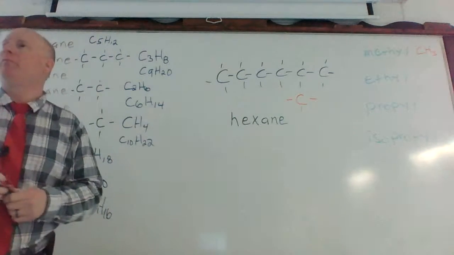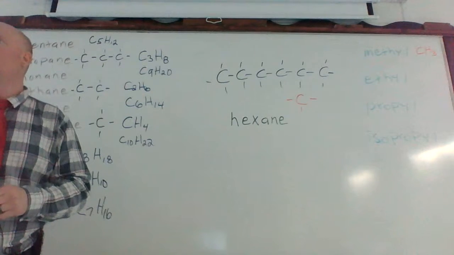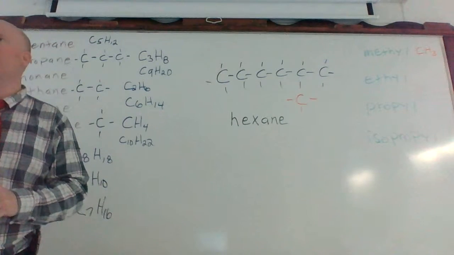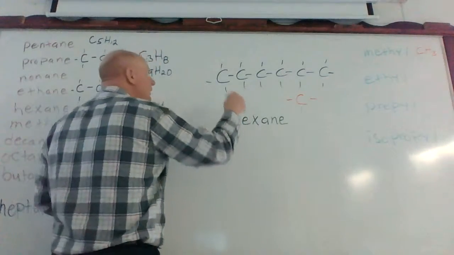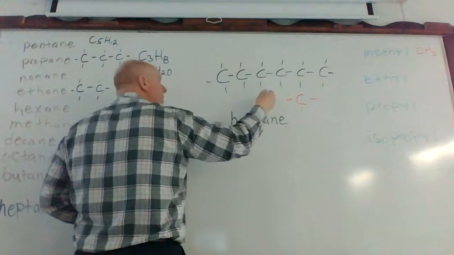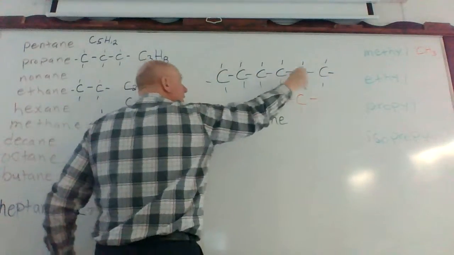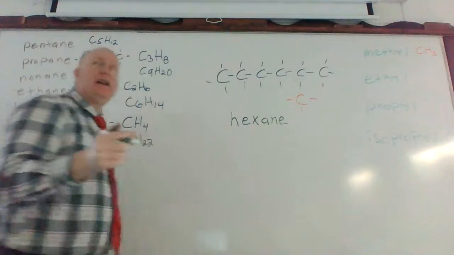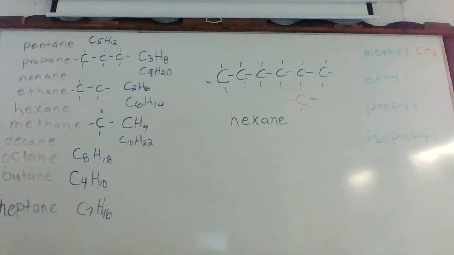We want to think golf. So do we go with the lowest number or the highest number? Okay, so if we go left to right, 1, 2, 3, 4, 5, that gives us 5. But if we go right to left, 1, 2, 3, 4, 5, 6, the methyl is on 2. So on the second one, that's why we said we want to put a methyl group on there.